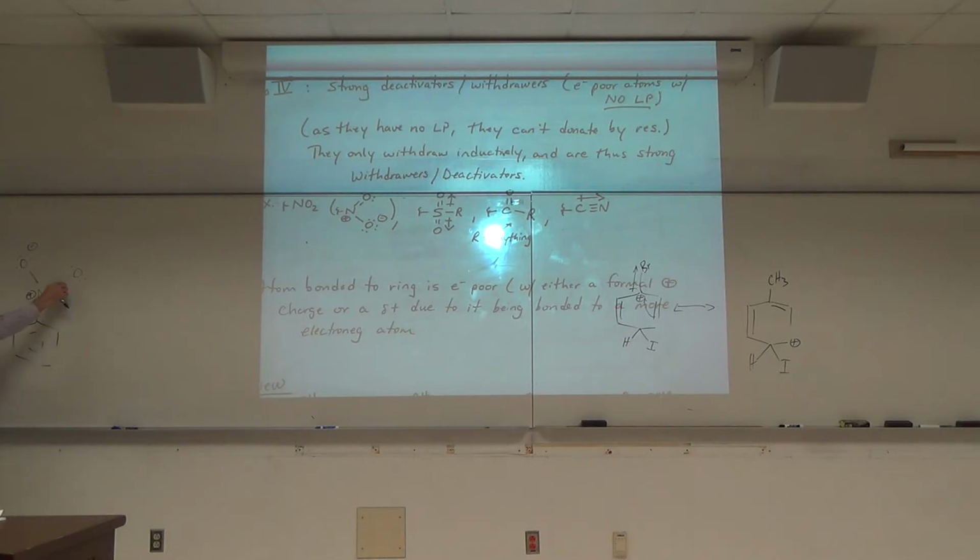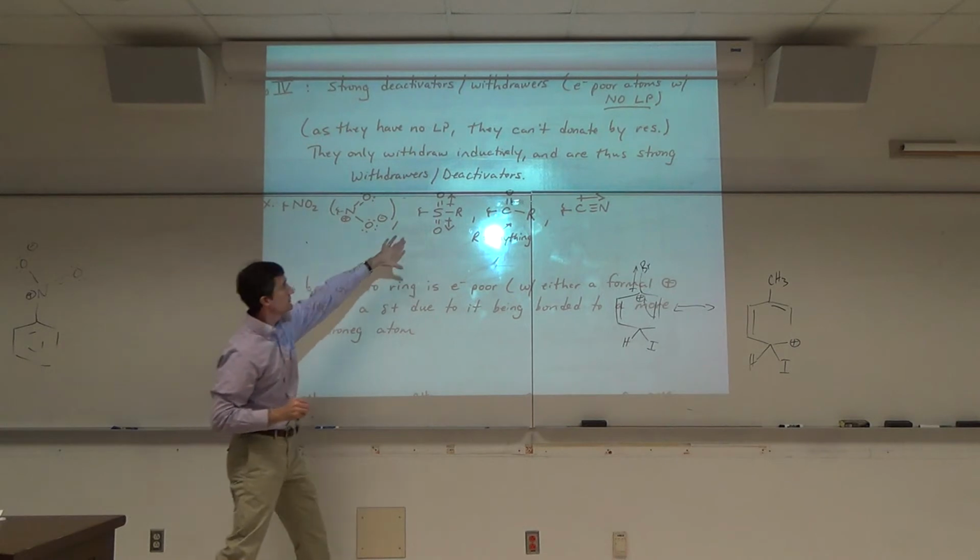You're never going to do pi bond resonance because you would never leave the oxygen without an octet. Basically, nitro is a classical group 4, which is what? Electron poor atom with no lone pair. Would you consider that nitrogen electron poor? Yeah, it's got a positive charge. And it does not have a lone pair. Classical there.